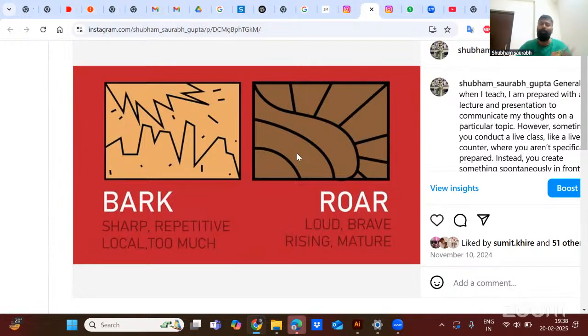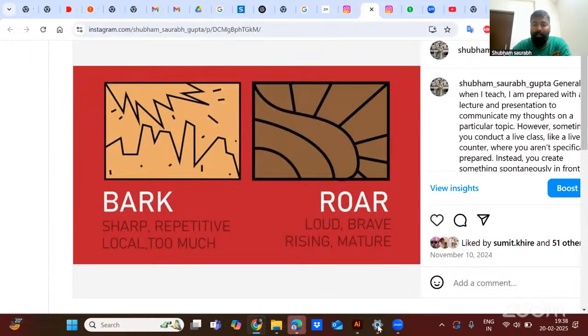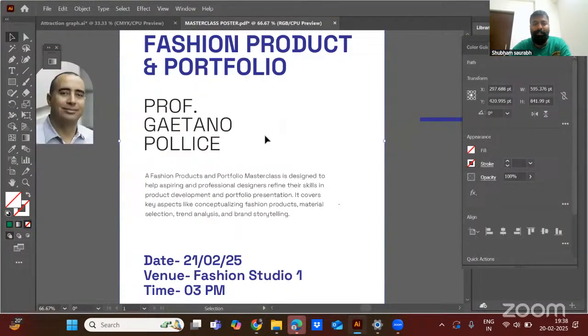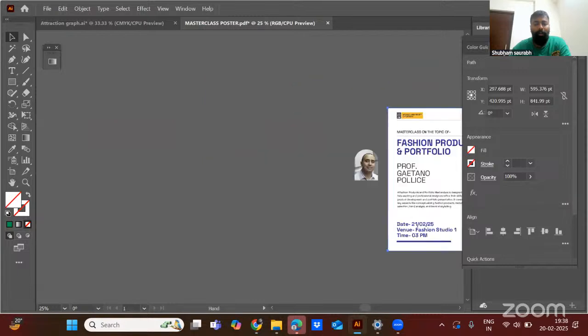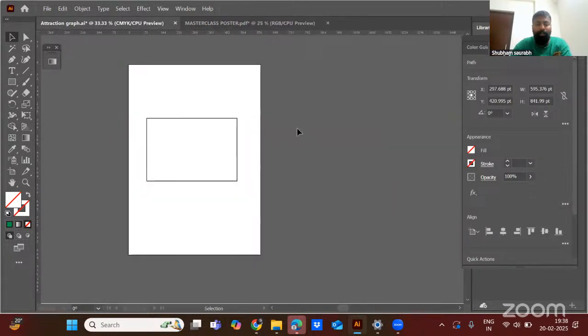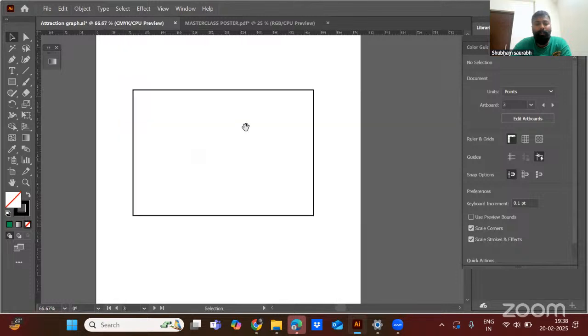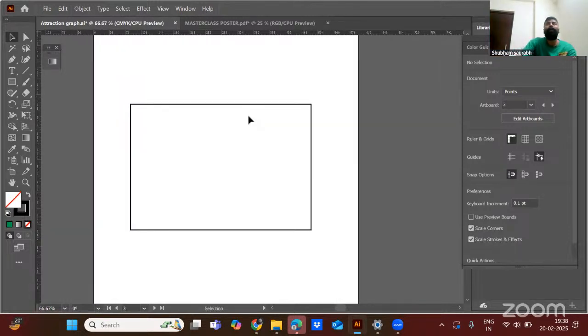Okay, so this is the overall basic understanding. Now let me give you one demonstration on something which is complicated, not easy. When we do this exercise, the words are not easy, they are a little complicated. So first we have to understand the word. Okay, so now let me try to make something.